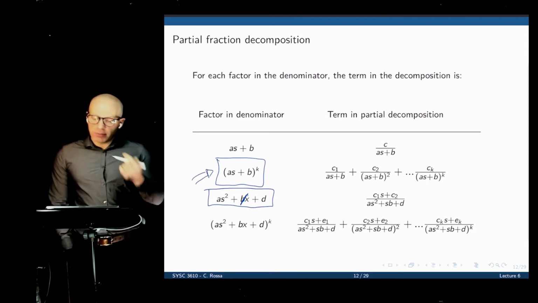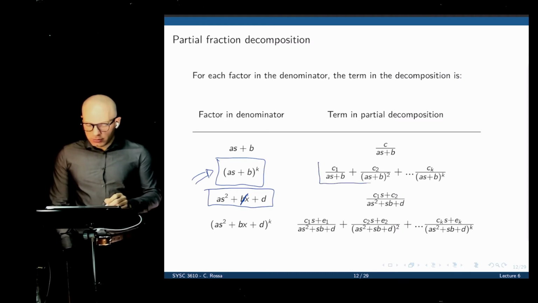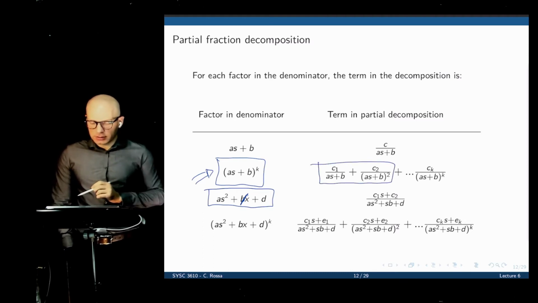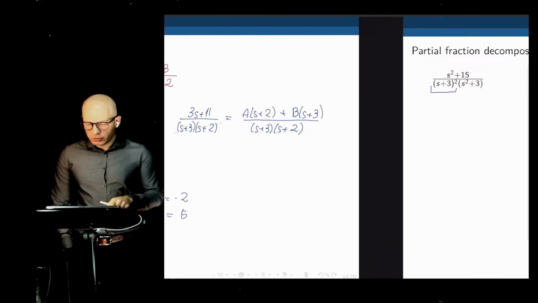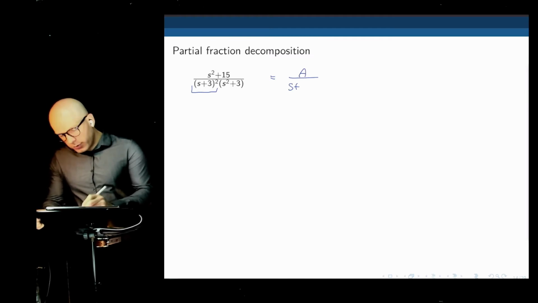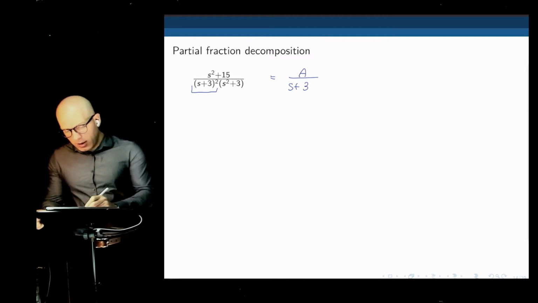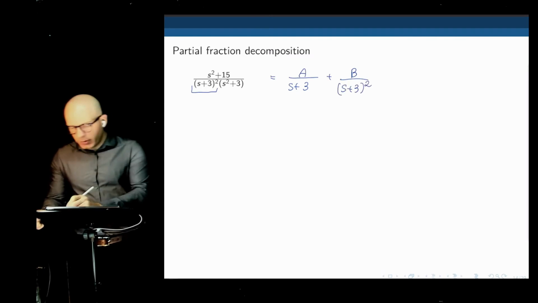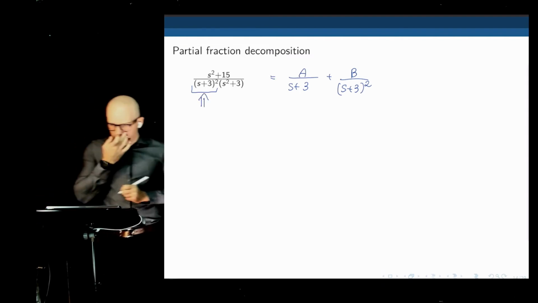That one is to the power of 2, so we'll need 2 terms like that. Which means that for that part, we have a over s plus 3 to the power of 1 plus b over s plus 3 to the power of 2. So this will account for that term.